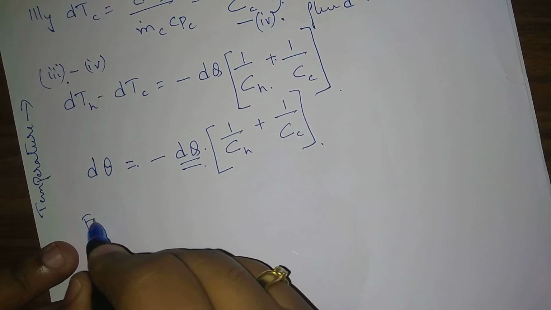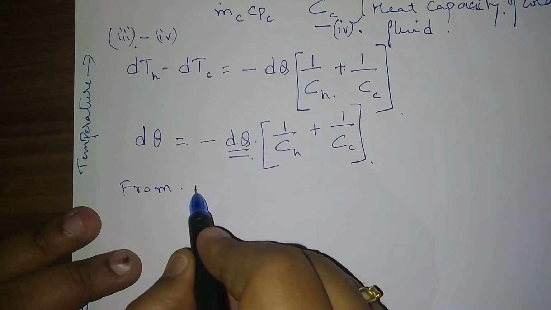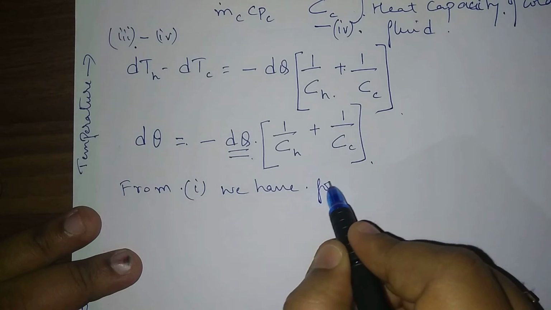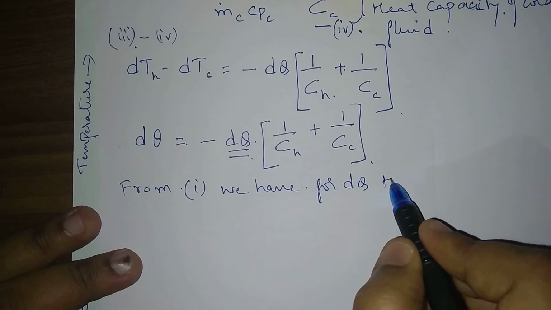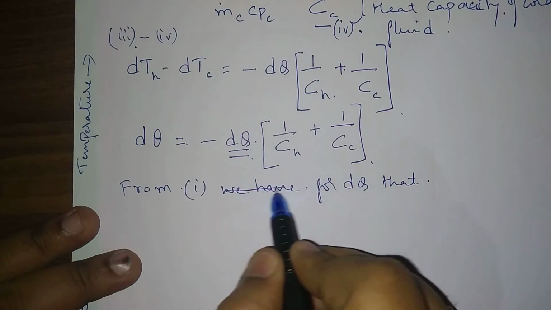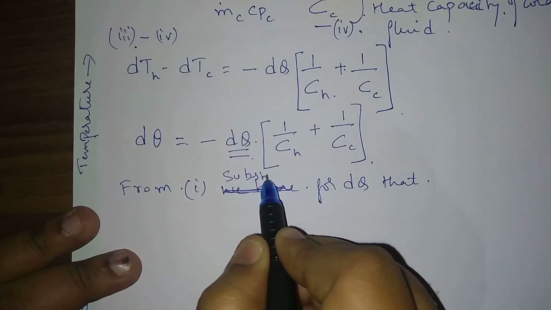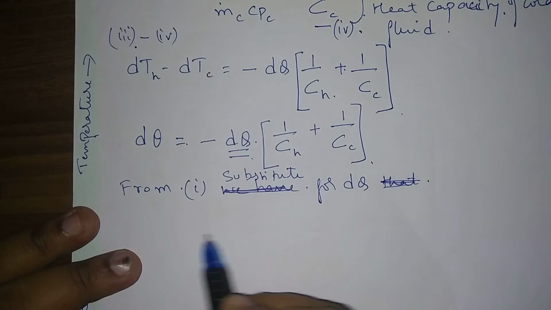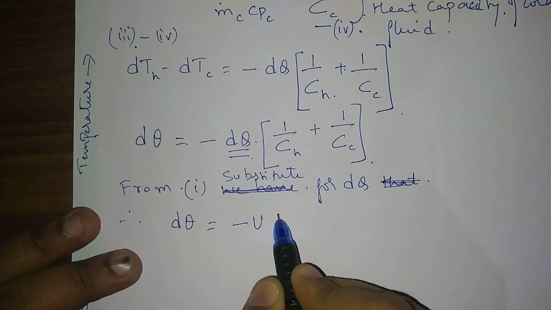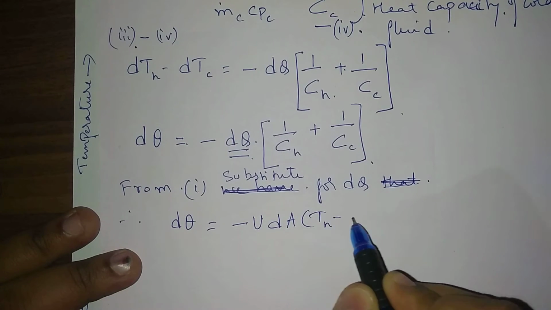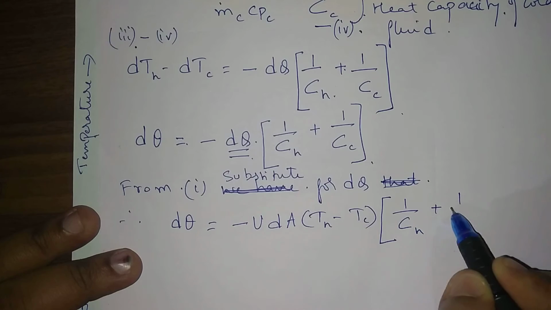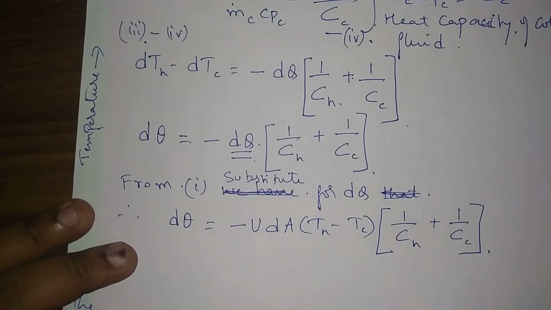Substituting from equation 1 for dq, therefore d theta is equal to minus U times dA times Th minus Tc times 1 by Ch plus 1 by Cc.